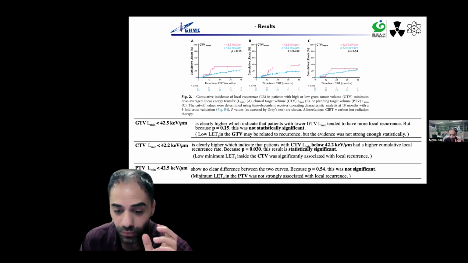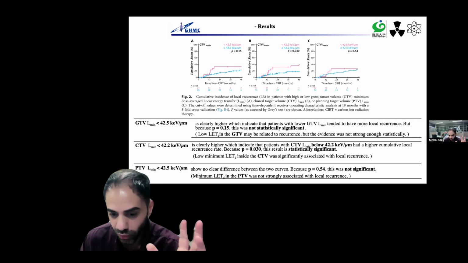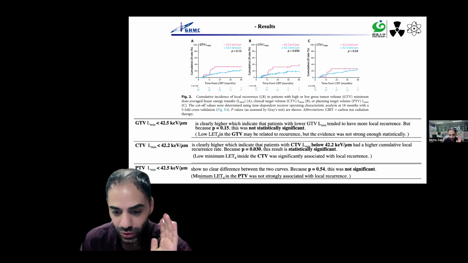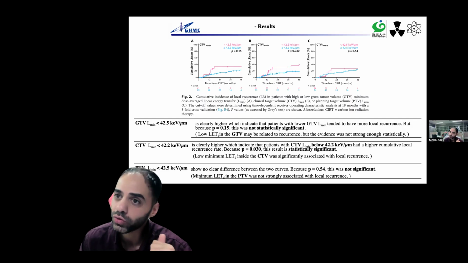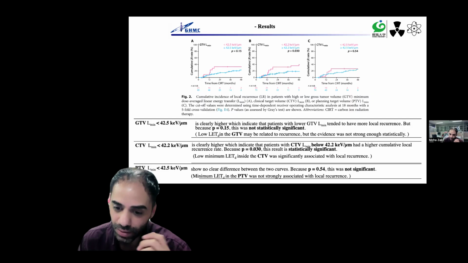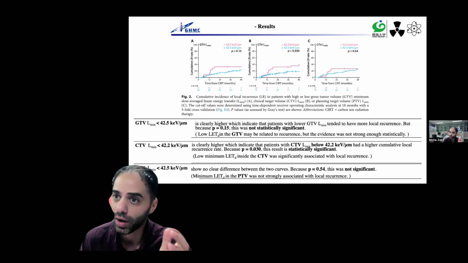CTV low minimum was the strongest dose average LET related predictor of local recurrence. In simple words, patients whose CTV had a minimum dose average LET below 42.2 keV per micrometer had significantly higher local recurrence after carbon ion radiotherapy.